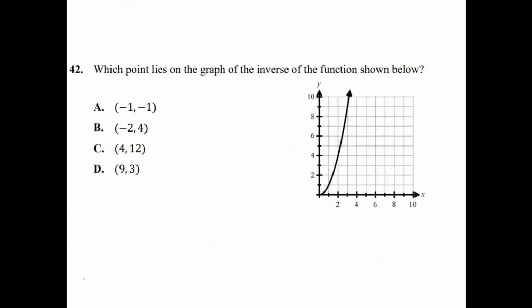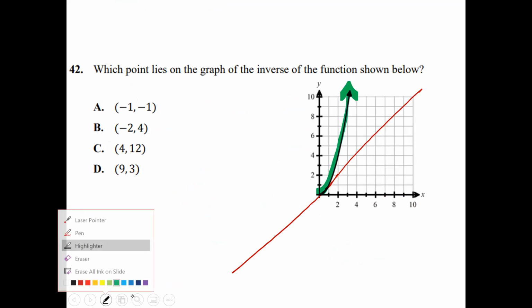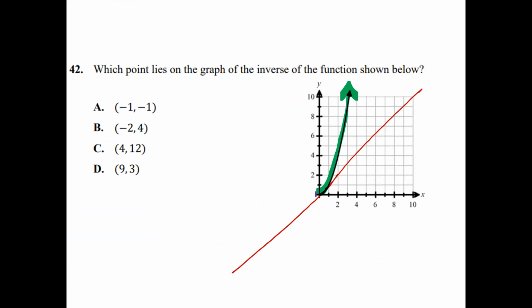Number 42: Which point here lies on the graph of the inverse of the function? If you're trying to find the inverse of this, you can find it if you draw a diagonal line. If you imagine this green graph flipped over this diagonal line, it would look like this.